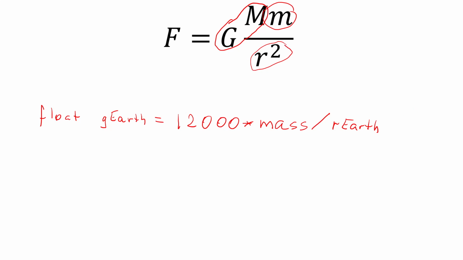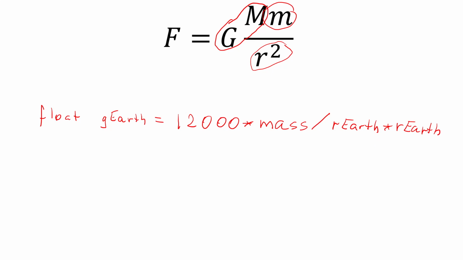R Earth squared. The fastest way of squaring in C++, not swearing but squaring, okay, finding the square of a number in C++ is by multiplying by the same number. So this is the fastest. There are other methods like a power function, but this function is very powerful but not particularly fast.